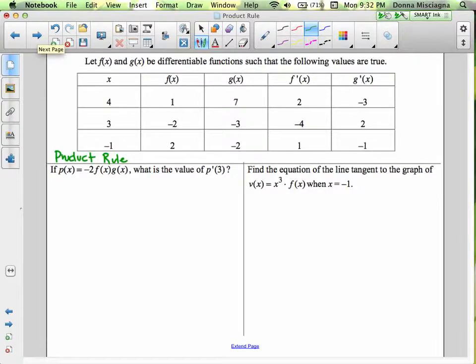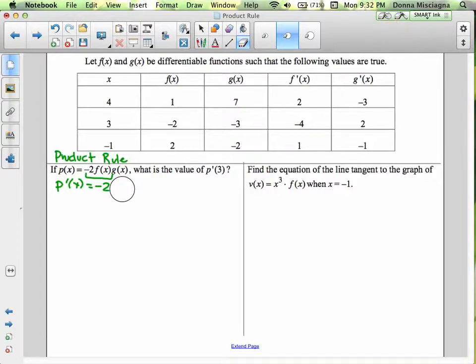Right? So p prime of x, you could just keep the negative 2 with the f of x, make that one term. That'd be probably the easiest thing to do. So you're going to have negative 2 f of x, and then, or, you know what you could do, and actually I think I'm going to do that in this case.